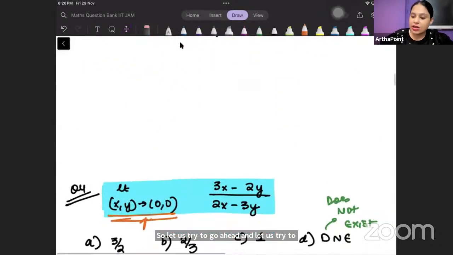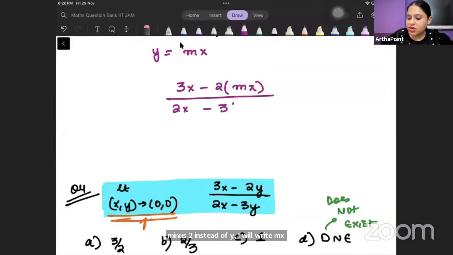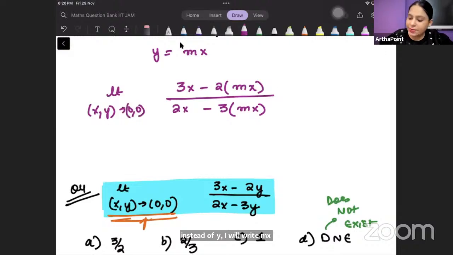कैसे check कर सकते हैं? Instead of y, I will replace mx. So I will get 3x minus 2, instead of y, I will write mx, upon 2x minus 3, instead of y, I will write mx. Limit remains the same, x, y are 0, 0. What will happen here, beta?